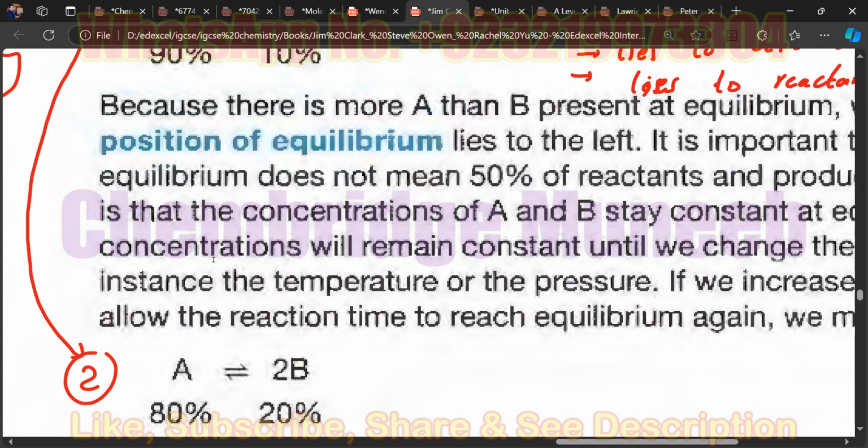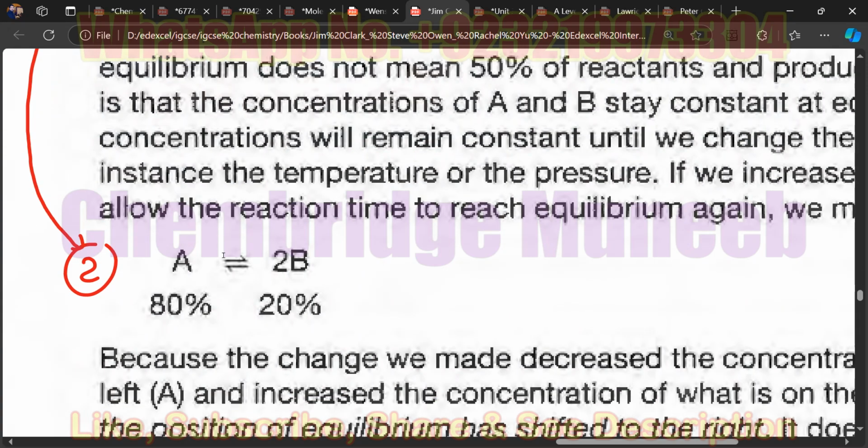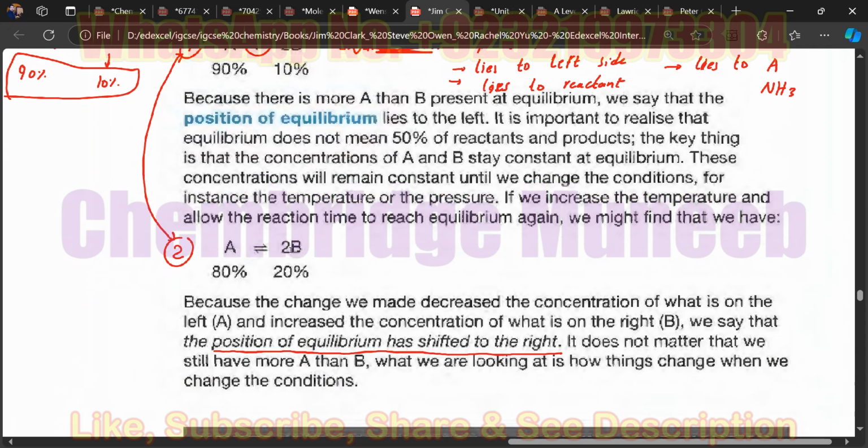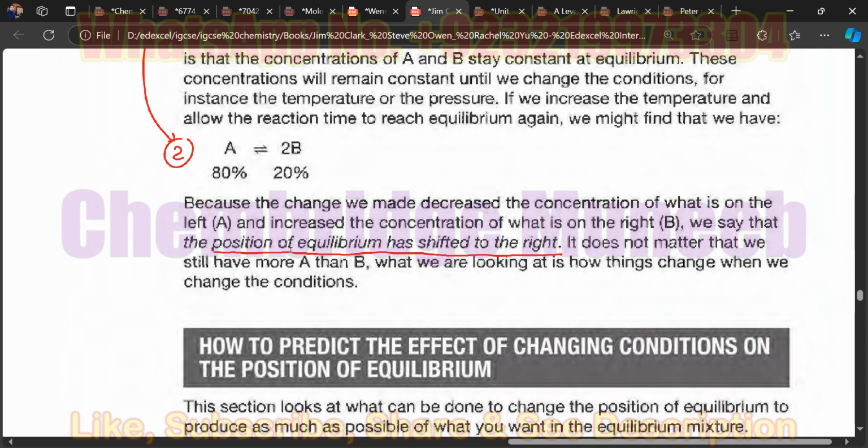But when we compared this with the other case, we saw that A was reduced by about 10% and B was increased by 10%. So we said that the position of equilibrium has now shifted to the product B or towards the right side. So that is how we express the position of the equilibrium. Is that clear?